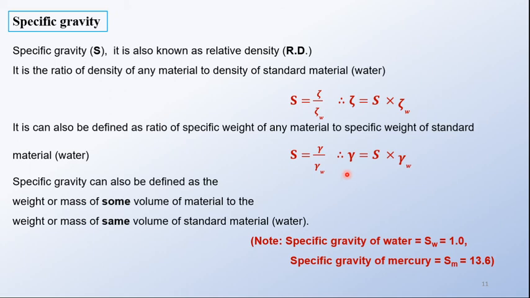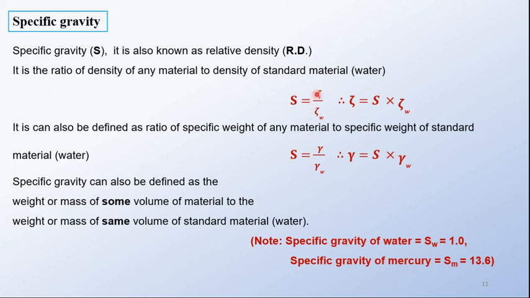Now by this I can write specific weight of anything, any material, is equal to specific gravity of that material multiplied by gamma of water, or specific weight of water. One more definition, specific gravity can also be defined as the weight or mass of some volume of a material to the corresponding weight or mass of the same volume of standard material, that is water.